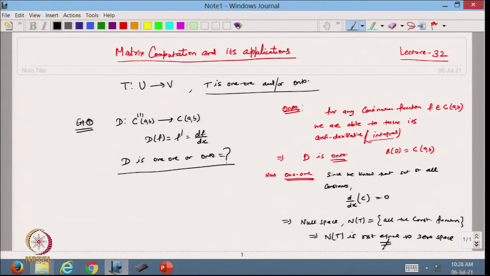Hence the differential operator D is not 1 to 1, because I have constant functions which give derivative 0. So definitely it is not going to be 1 to 1.